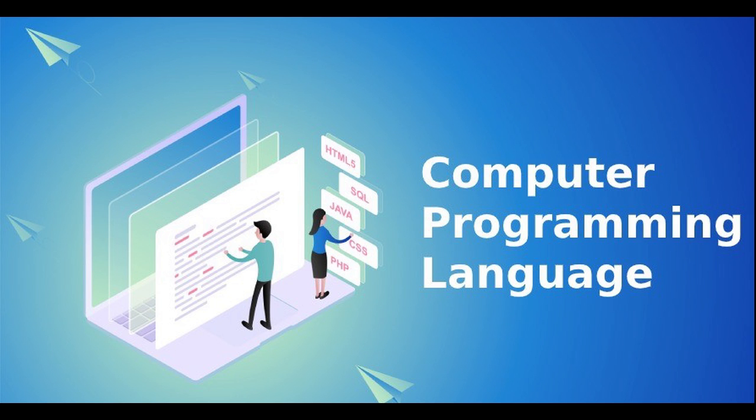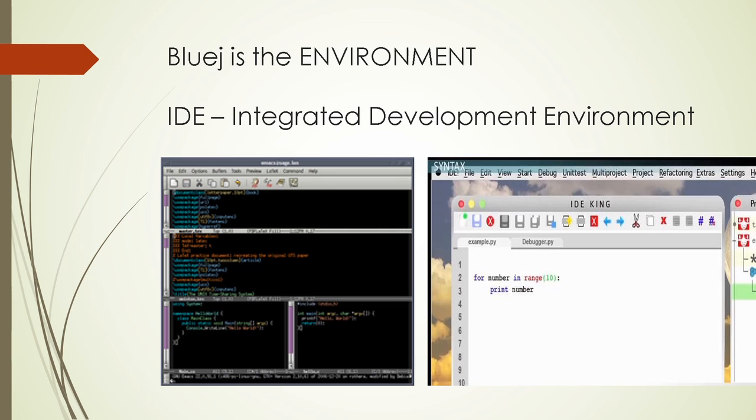So to design a software or programs, we have to know a computer language, and Java is one of the most efficient, secure, robust computer languages with which we can write programs. So Java is the computer language.